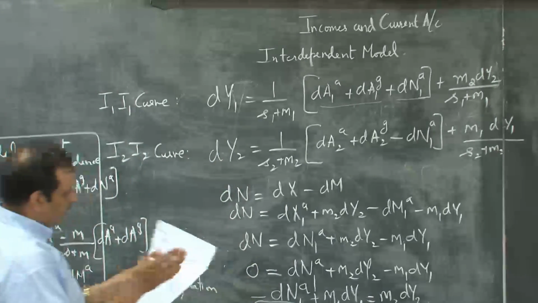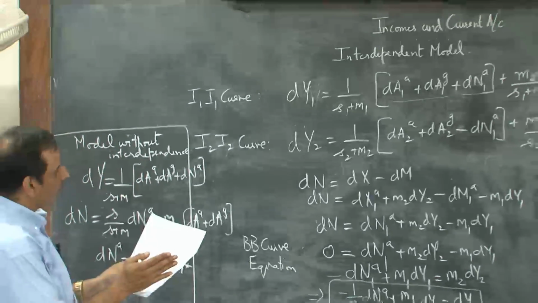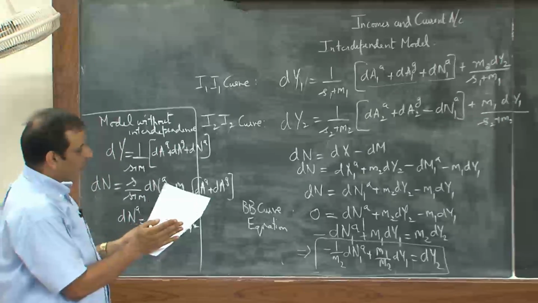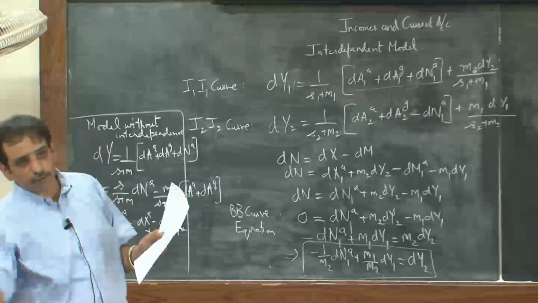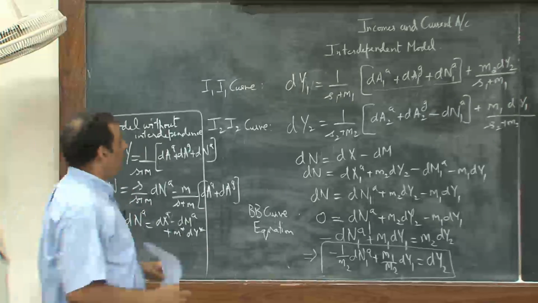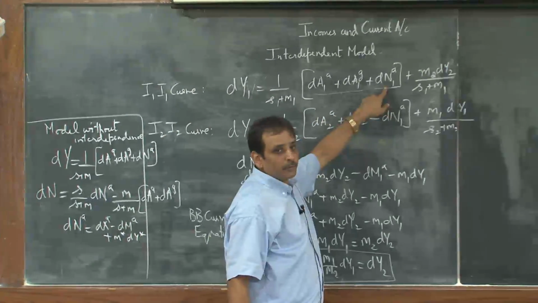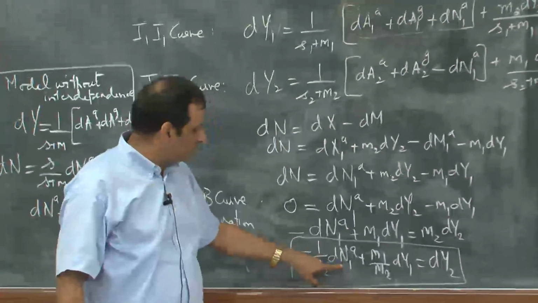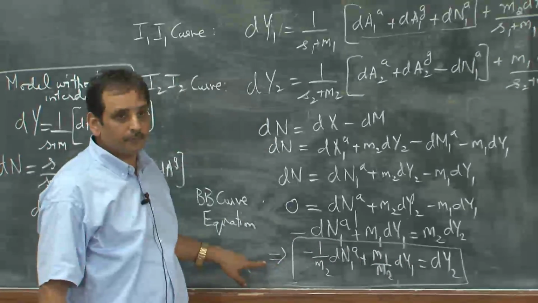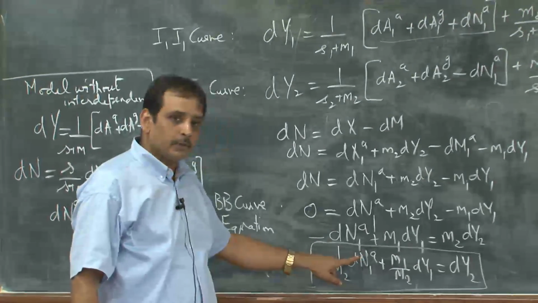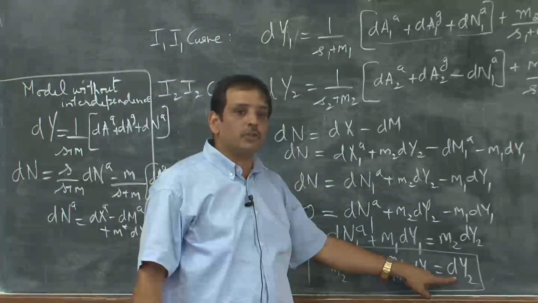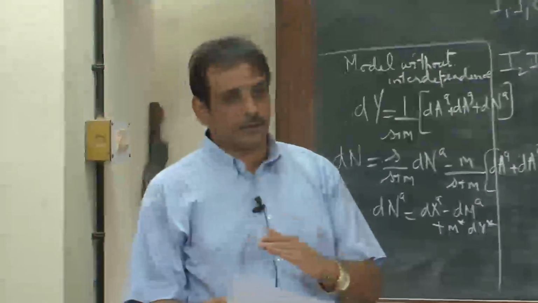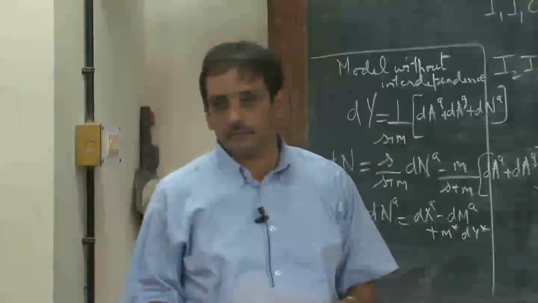So, given dy1, if dy2 has to go down, then the I2 curve will shift to the right. And if there is a change in the autonomous component, this also brings changes in the BB curve. Because if dN1A goes up, the dy2 term goes down. So the BB curve also shifts to the right, given the US incomes.